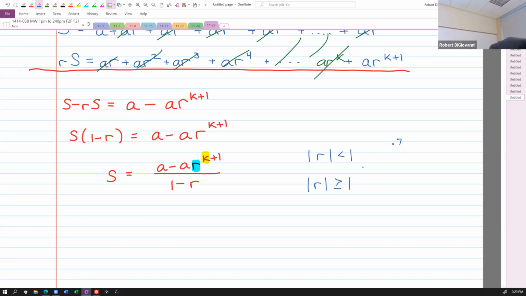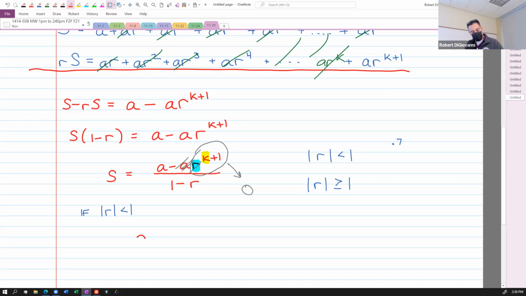So imagine this case. If the absolute value of R is less than 1, then everything here, as K gets big, what does that go to? It goes to 0, it gets squashed down to nothing. This heads to 0, which kills everything off here, which leaves you with what?